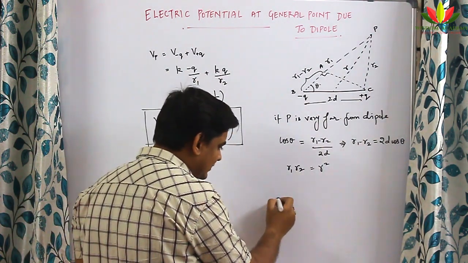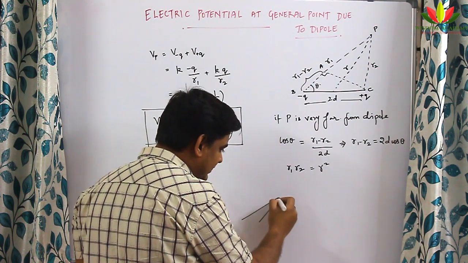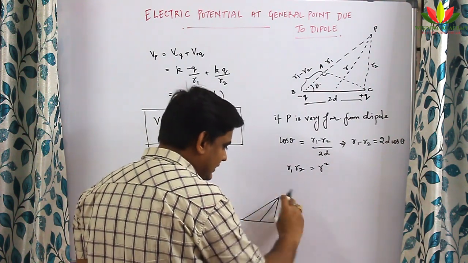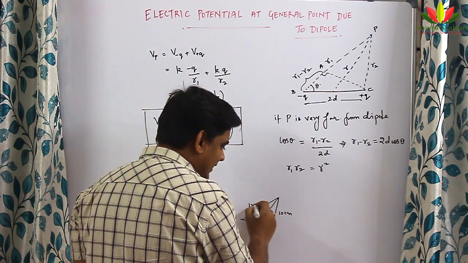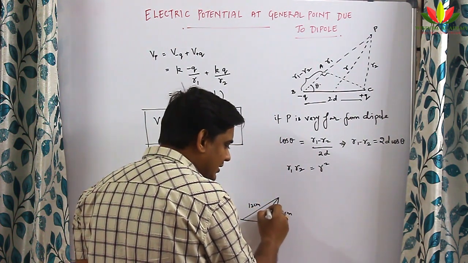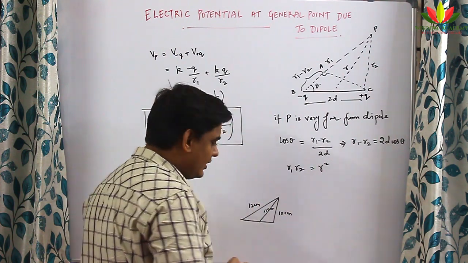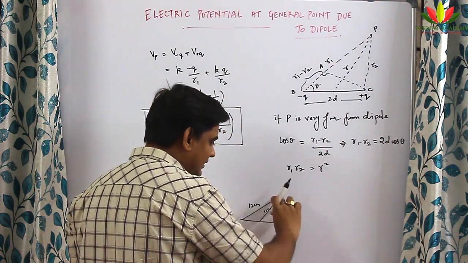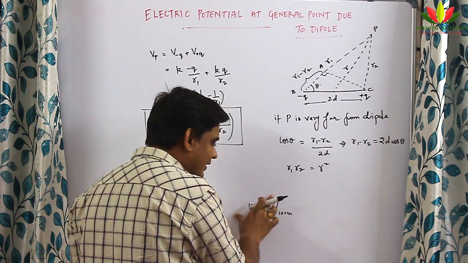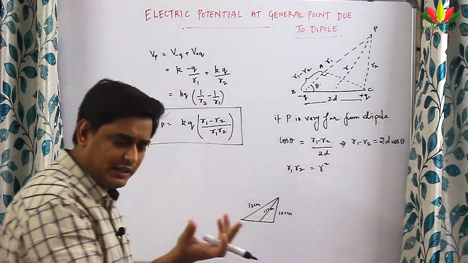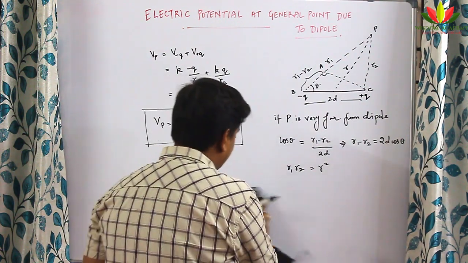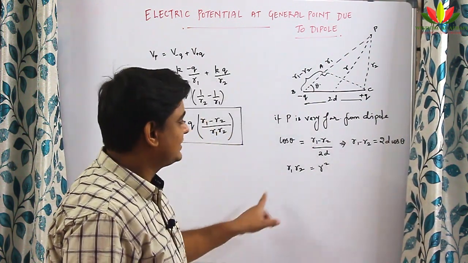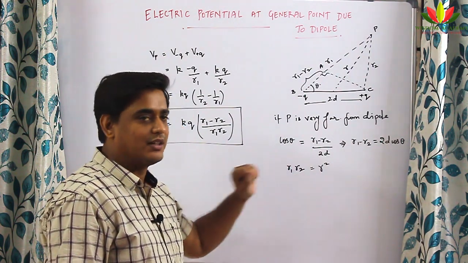There are three lines, one line like this, one line like this and one line like this. If this line is 10 centimeter and this line is 12 centimeter, this is 11 centimeter approximately, right? So I am just assuming that this into this will be equal to this times the square. It is just an assumption which I am doing to make you understand that R1 R2 can be equal to R square.